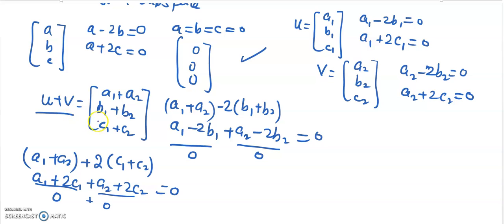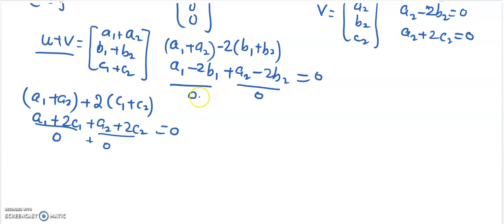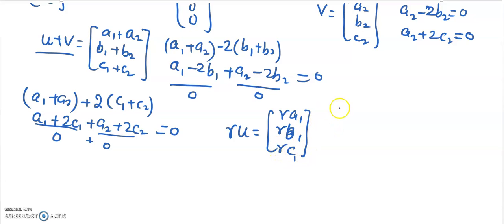How about the third condition? The third condition is R times U, which will be RA1, RB1 and RC1.